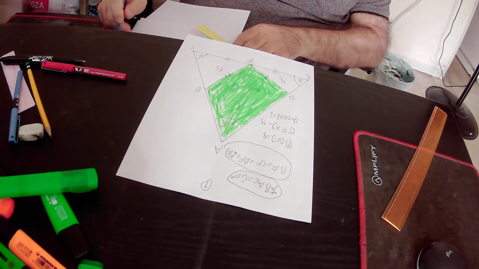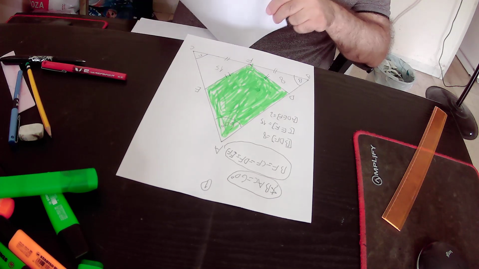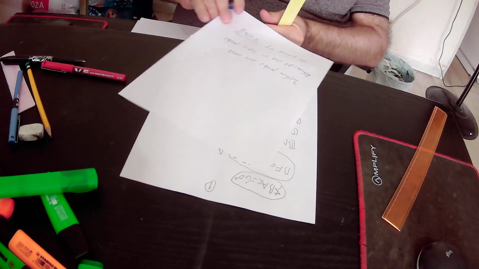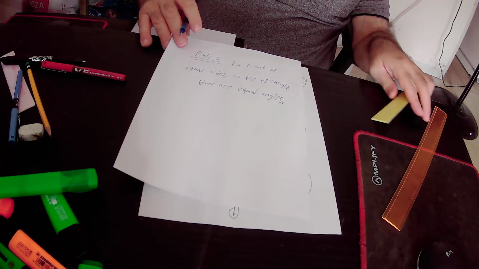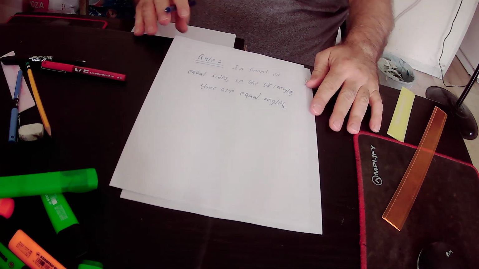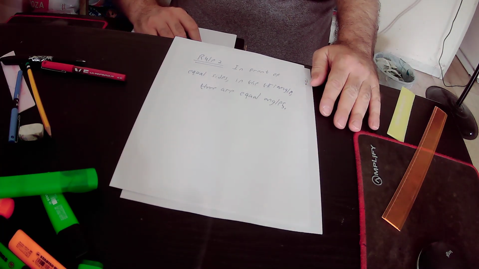So I will read rule number 2 again. Rule number 2 states that in front of equal sides in a triangle there are equal angles.